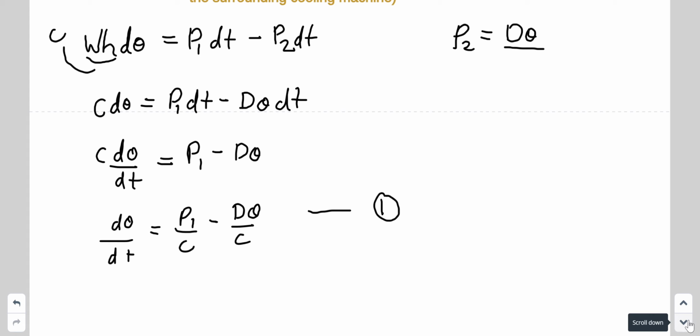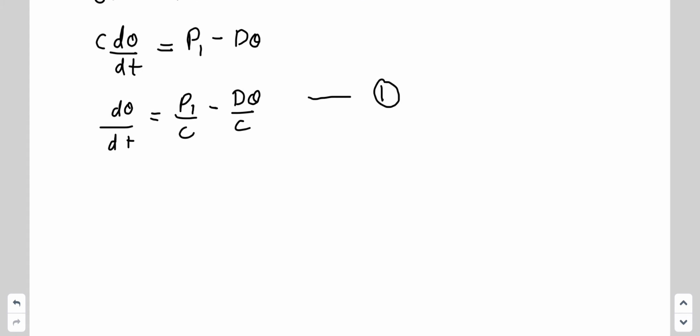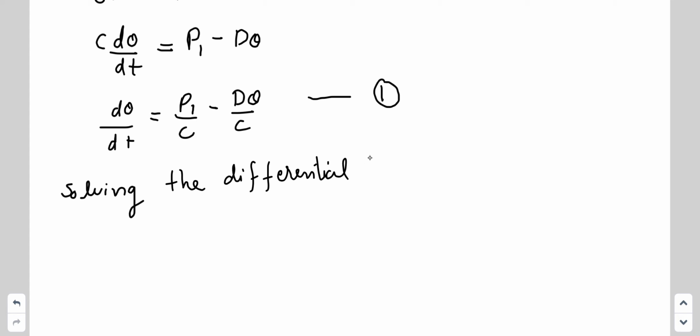So we will solve this differential equation. Solving the differential equation 1, we will solve it in two ways.